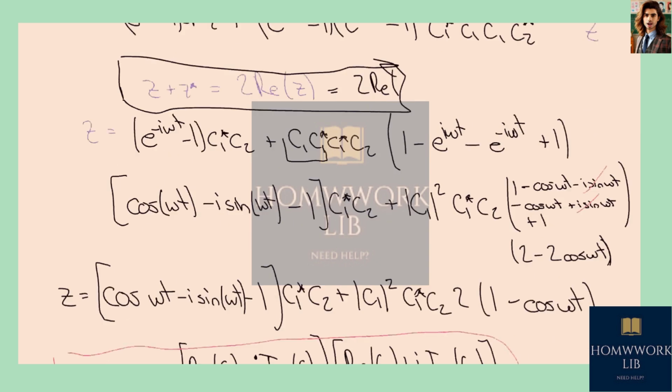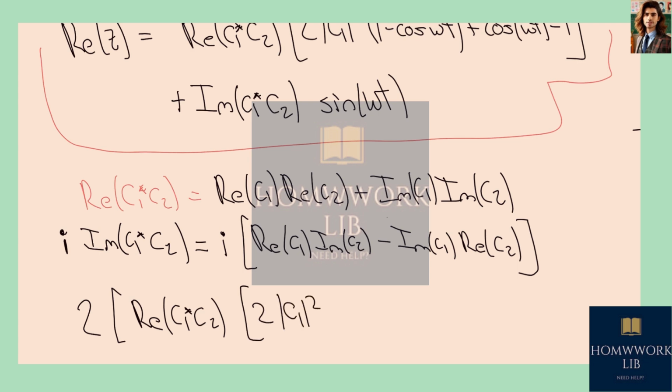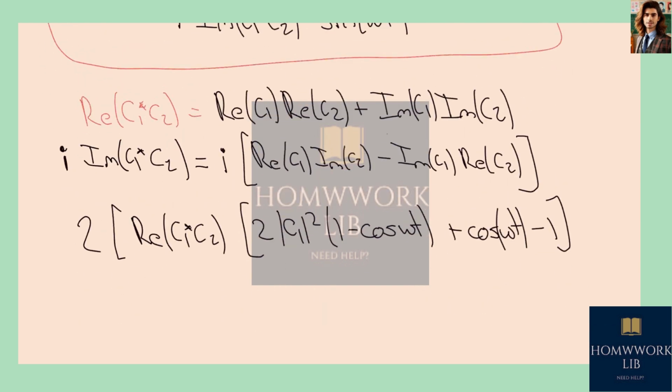So the final answer is going to be, for the simplified expression, 2 times real part C1 conjugate times C2 multiplied by 2 times C1 squared 1 minus cosine of omega t plus cosine of omega t minus 1, plus the imaginary part of C1 conjugate times C2 multiplied by sine of omega t.